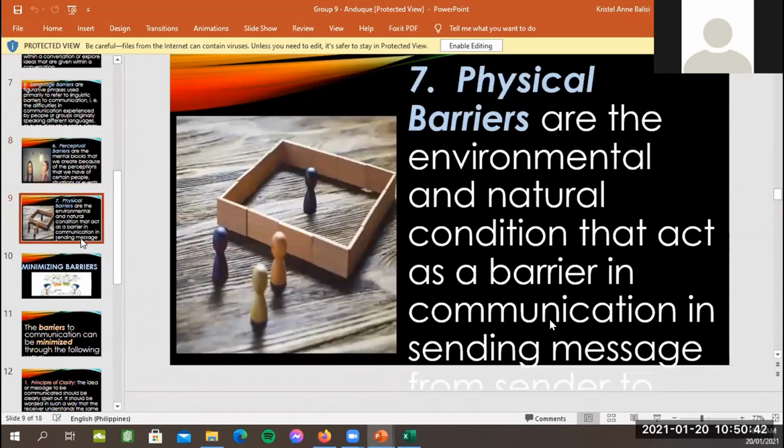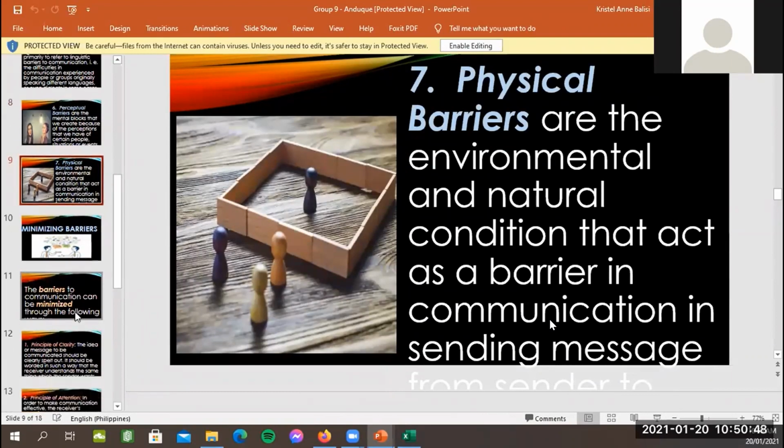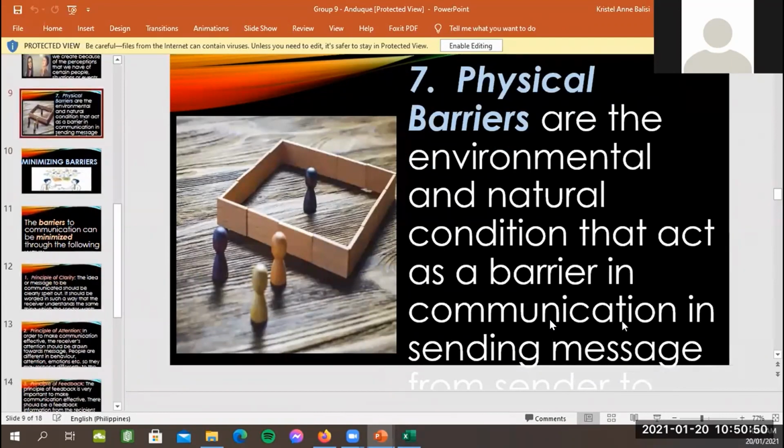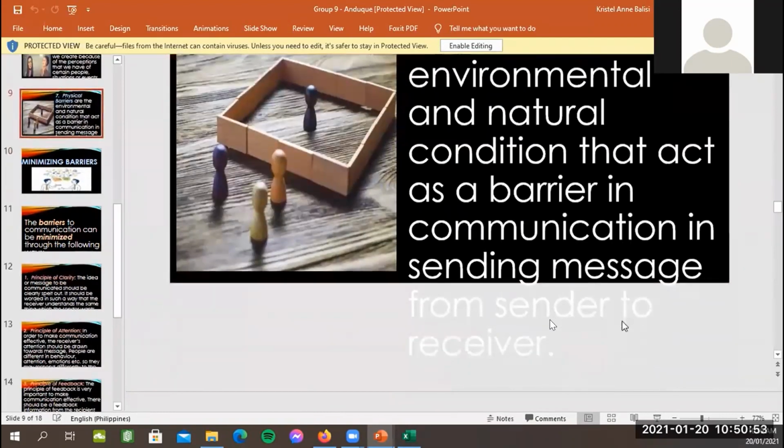Physical barriers are the environmental and natural conditions that act as a barrier in communication in sending a message to the receiver.